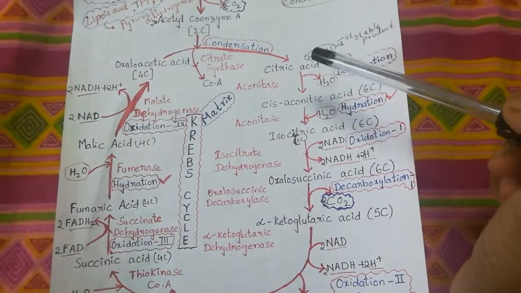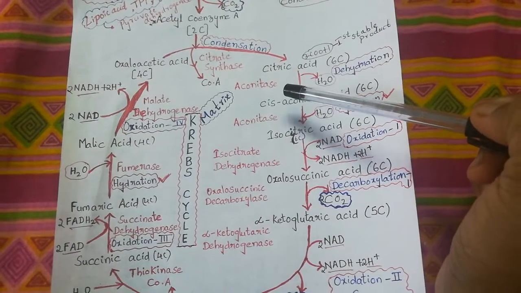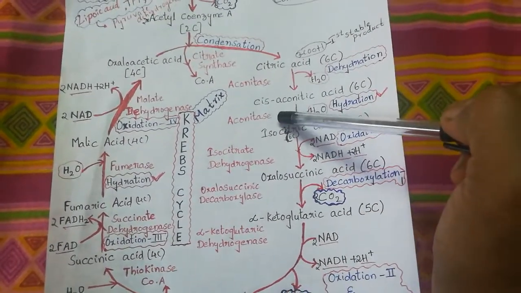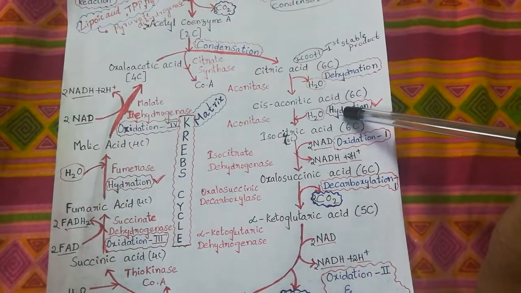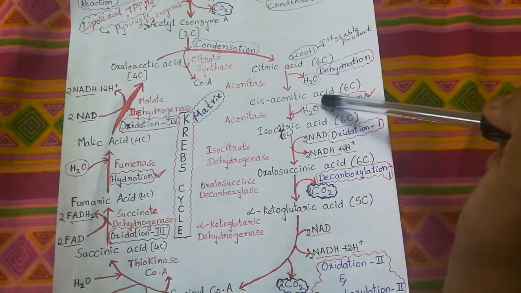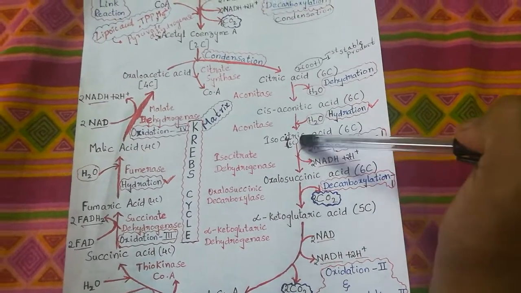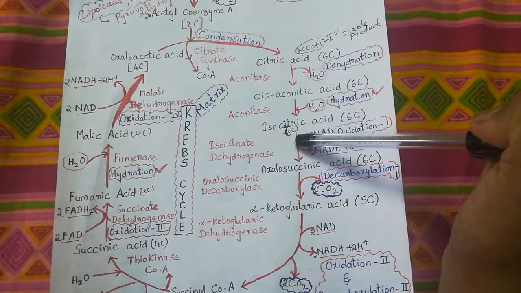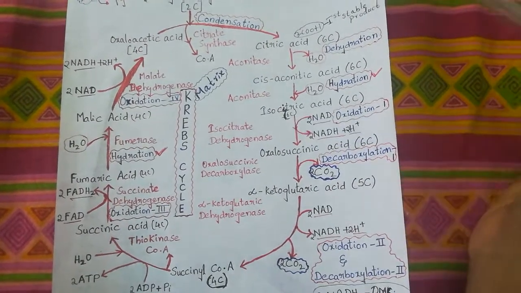And citric acid, in the presence of the enzyme aconitase, undergoes dehydration to form cis-aconitic acid, which is again a 6 carbon compound. This cis-aconitic acid further undergoes hydration, in the presence of the enzyme aconitase, to form isocitric acid.